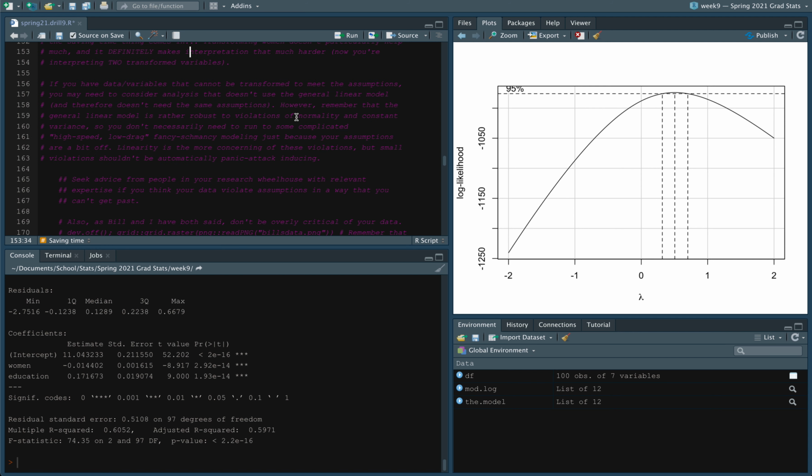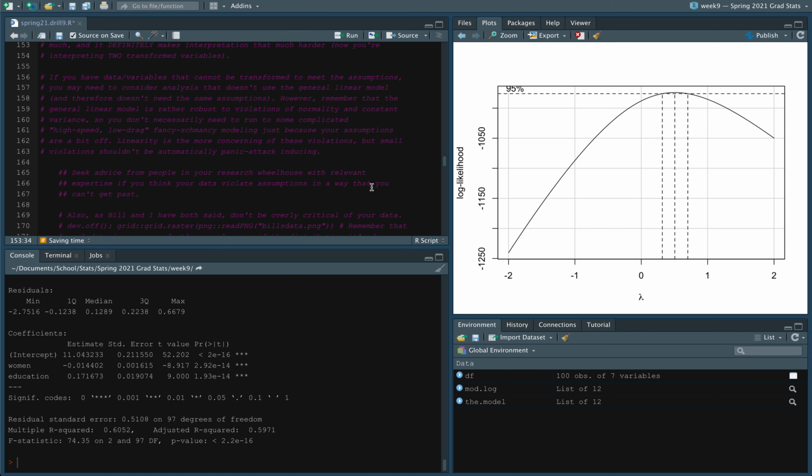And so if you have data and variables that can't be transformed to meet the assumptions, you might want to consider an analysis that doesn't use the general linear model and therefore doesn't need those same assumptions. But remember that the general linear model is pretty robust to the violations of normality and constant variance, so you don't necessarily need to run some fancy modeling just because your assumptions are a little bit off.